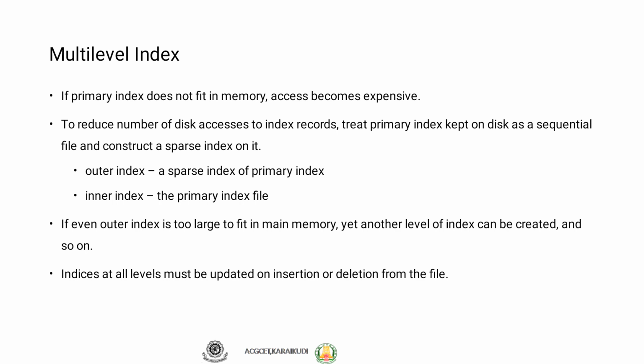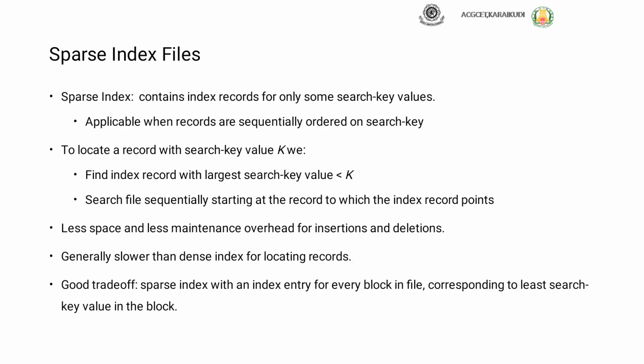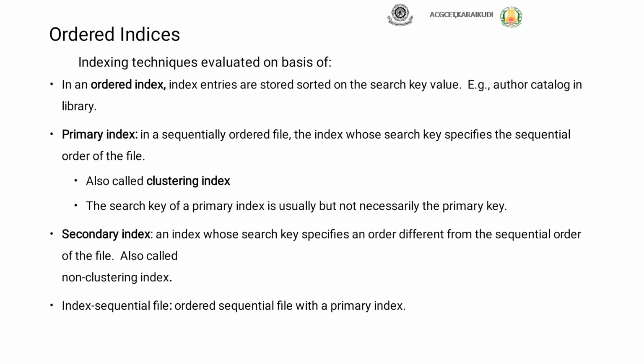Next, we move on to secondary index. The secondary indices must be dense, with an index entry for every search key value and a pointer to every record in the file. A secondary index on a candidate key looks just like a dense primary index, except that records pointed to by successive values in the index are not stored sequentially.